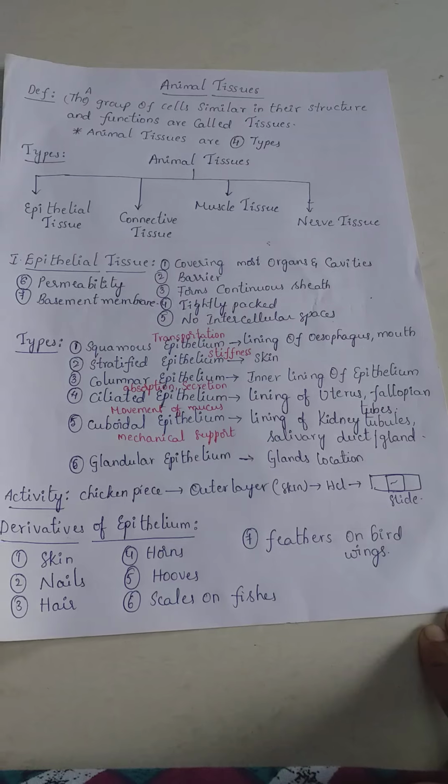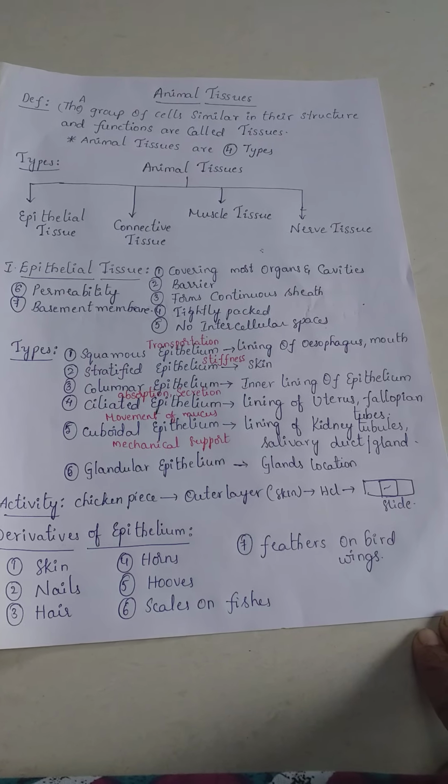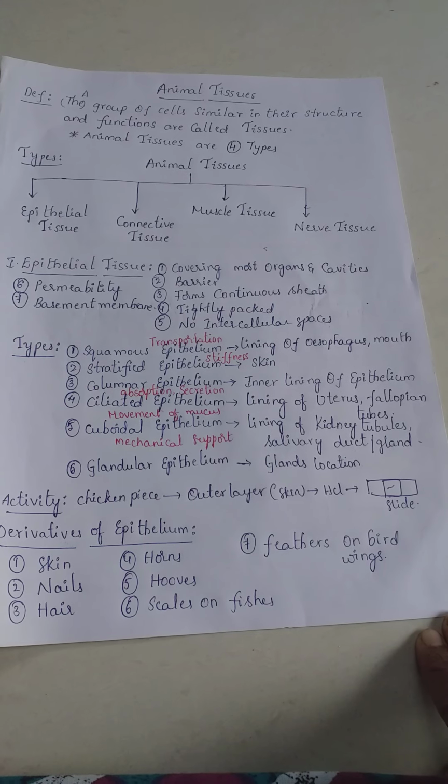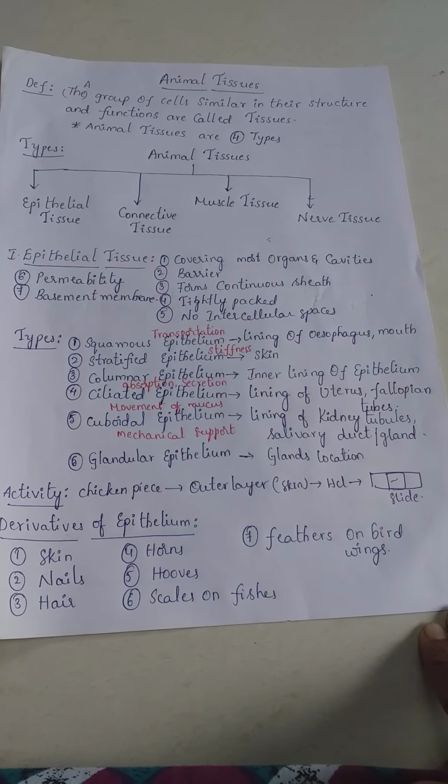And the next one, they are tightly packed. Tightly packed means there are no intercellular spaces, one cell on another, very tightly packed without any spaces.